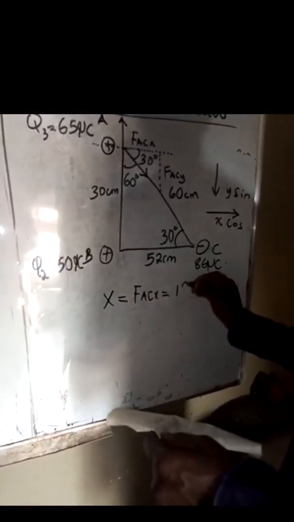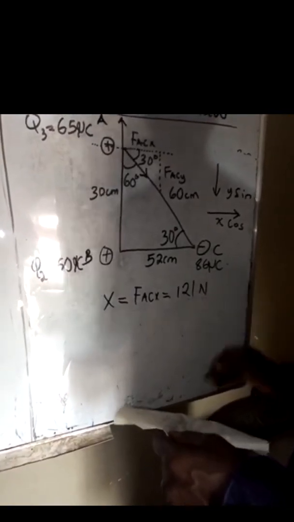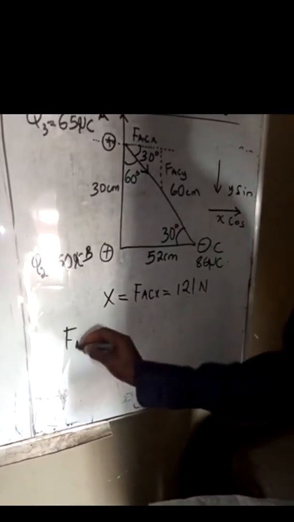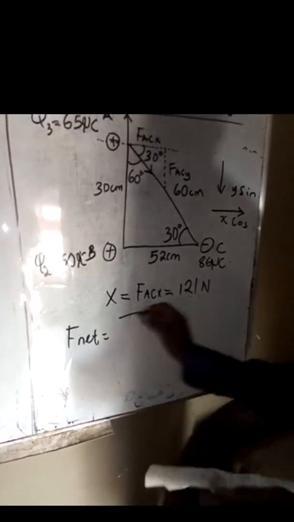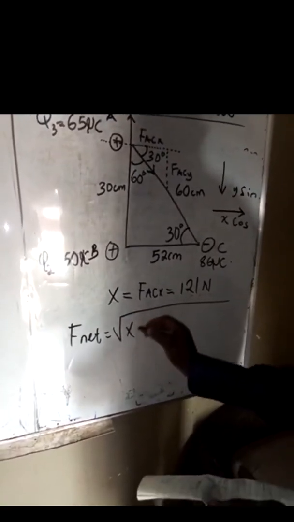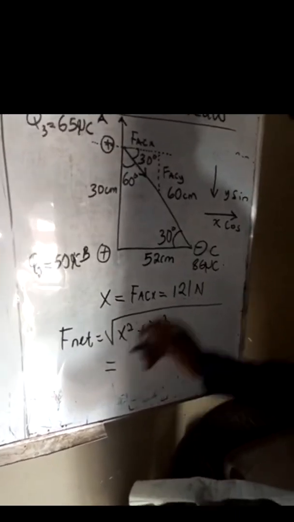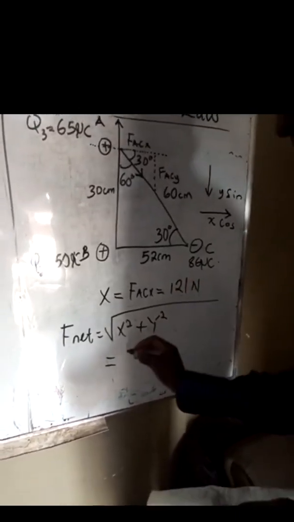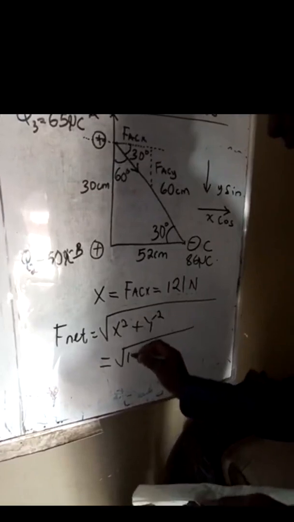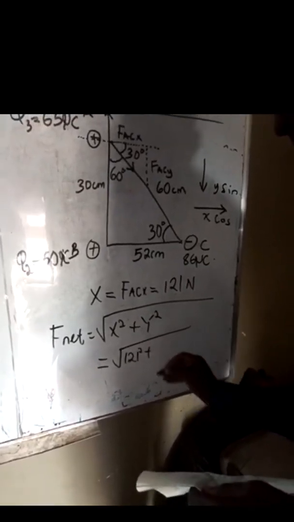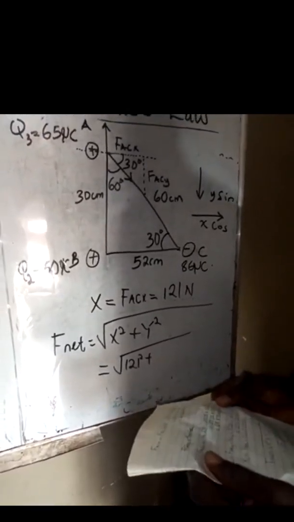which is 121 Newton. So our F net, that is net force, will be equal to the square root of x squared plus y squared. So what is our x? Our x is 121. We have 121 squared plus, what is our y?